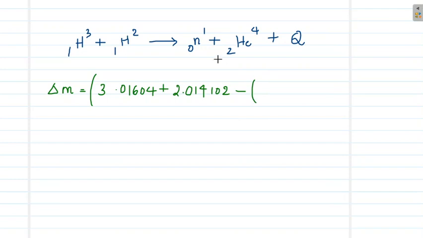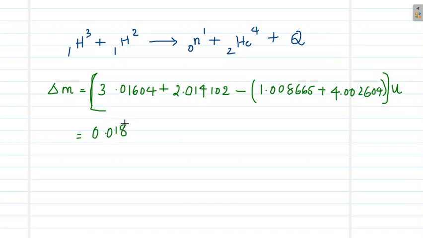The mass of neutron is 1.008665 and the mass of helium is 4.002604. So this much atomic mass unit will be the total mass defect, which is equal to 0.018842 amu.